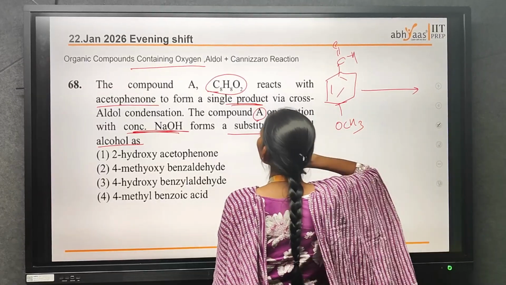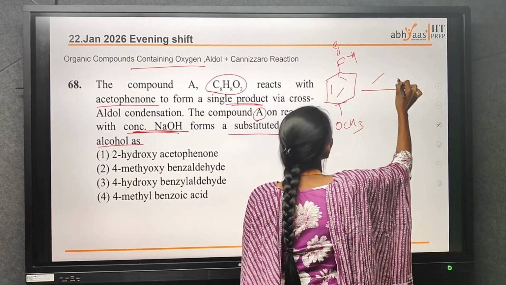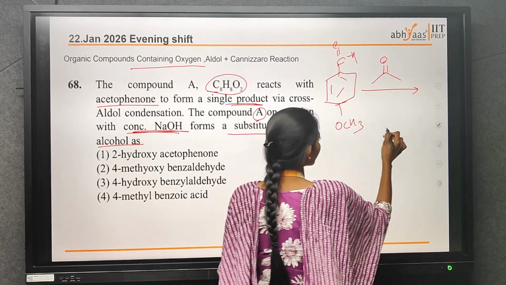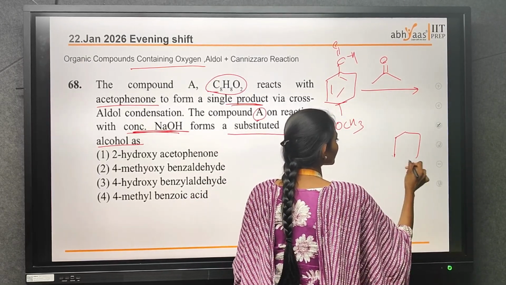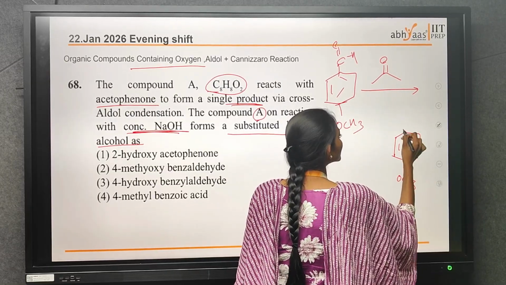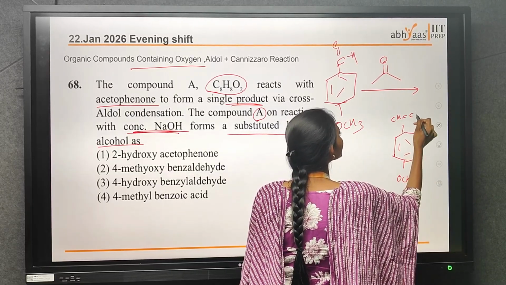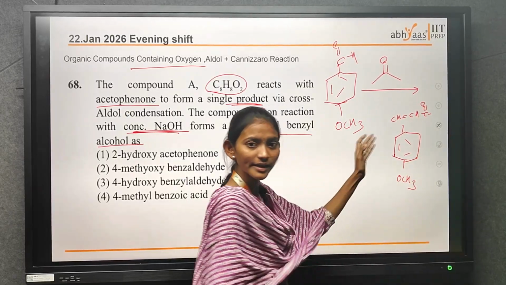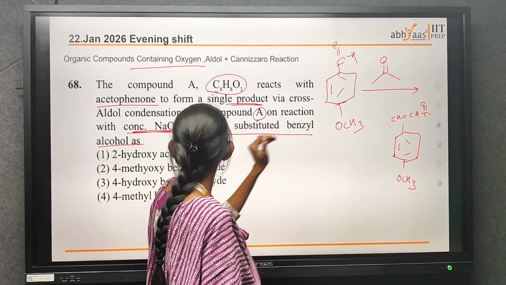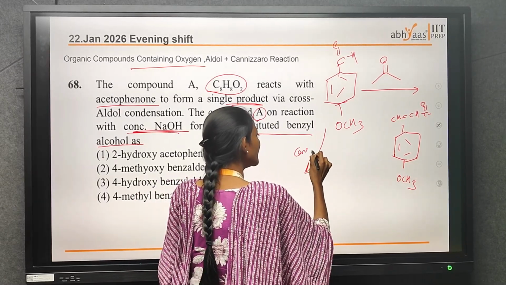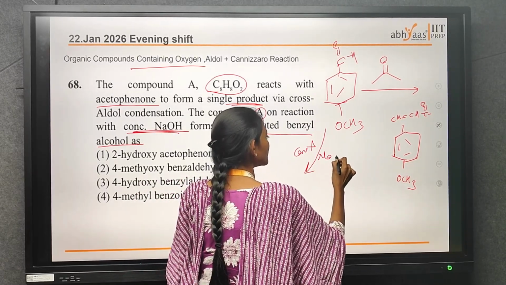So it is reacting with what? Acetophenone, right? So it is giving only a single product. Therefore, I am writing here OCH3 C6H4 CH double bond CH, directly attacking this acetophenone. See, right? Directly attack here. And here this product A is going to react with concentrated NaOH.